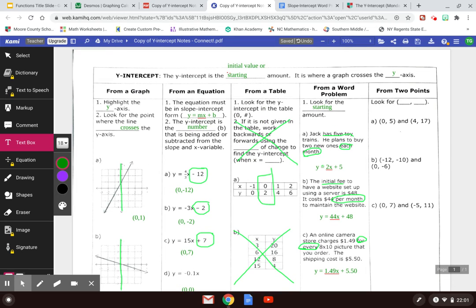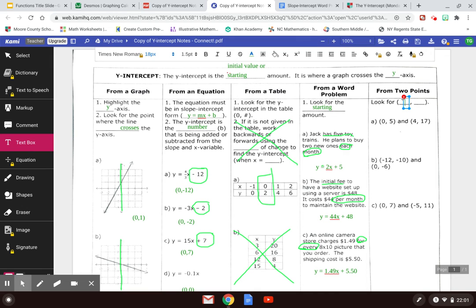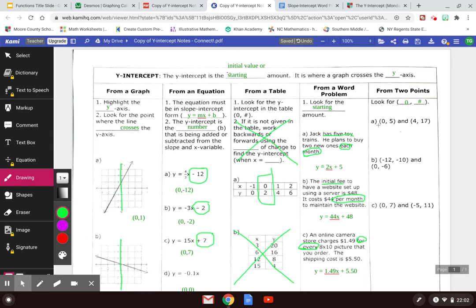All right, so for our last example of how the y-intercept can be modeled, we could look at it from 2 points. So what you're going to look for here is where we have 0 and a number. This is not really any different than looking at it from a table because you're still looking for an ordered pair. So in example A, our y-intercept is going to be 0, 5. 0 and the number.